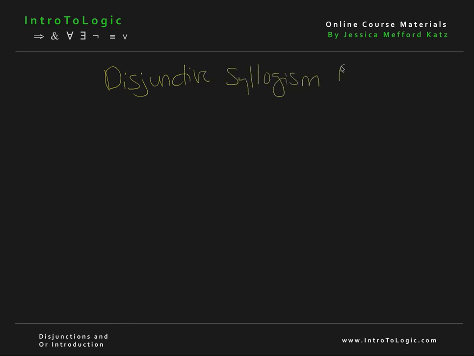Another rule having to do with disjunctions is what we call disjunctive syllogism, which can be represented with DS. According to disjunctive syllogism, if we have a disjunction as one of our premises and the negation of either disjunct, so in this case either not P or not Q, then we can derive the other disjunct.